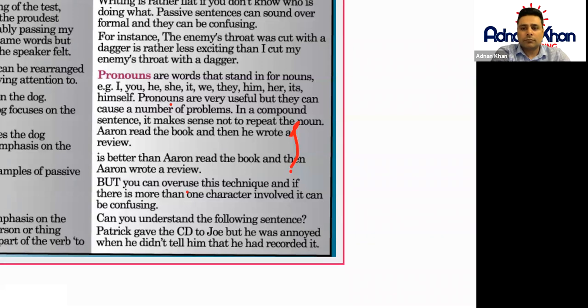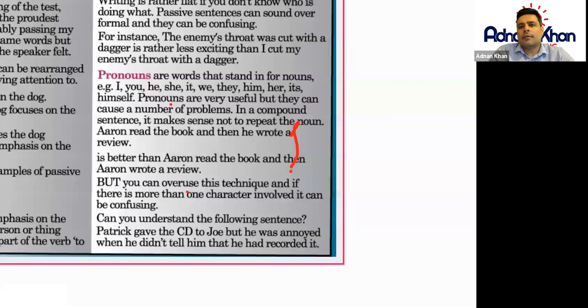Aaron read the book, then he wrote a review, is better than Aaron read the book and Aaron wrote a review. But you can overuse a technique. If there is more than one character involved, it can be confusing. Can you understand the following sentence? Patrick gave the CD to Joe, but he was annoyed when he didn't tell him that he had recorded it.